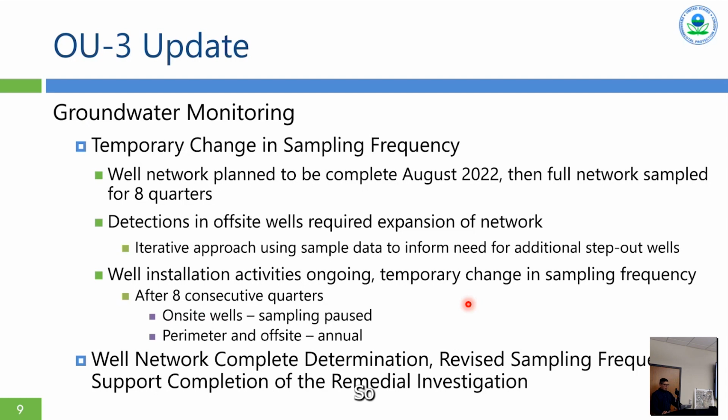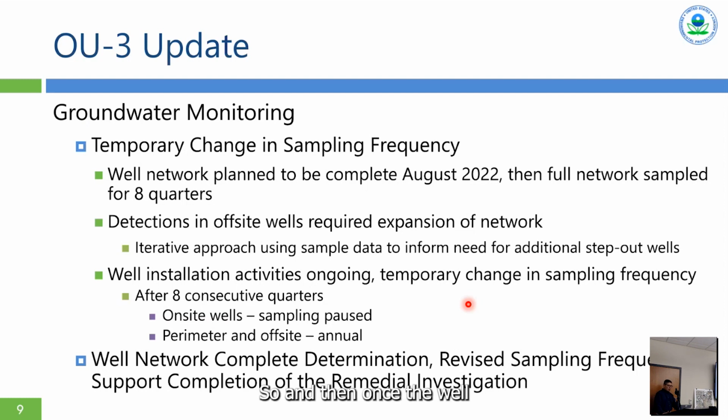The temporary change incorporates that after 8 consecutive quarters of sampling, we're going to temporarily pause the sampling on the on-site wells. We have a lot of data from them, so that will be paused, and then the perimeter and off-site wells will, again, temporarily switch to an annual sampling.